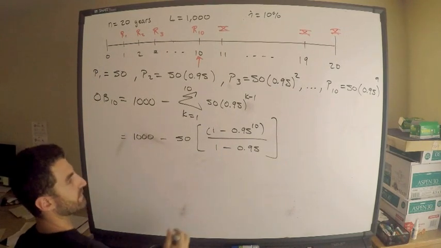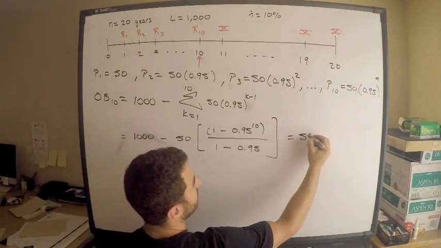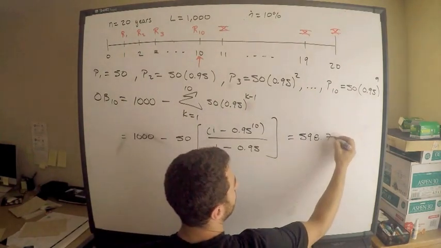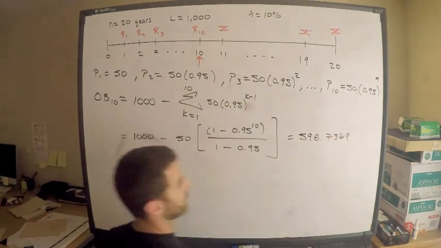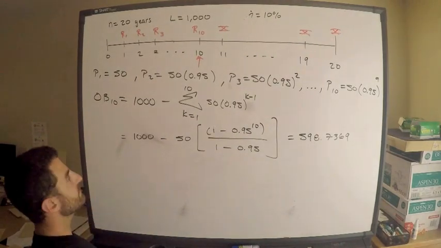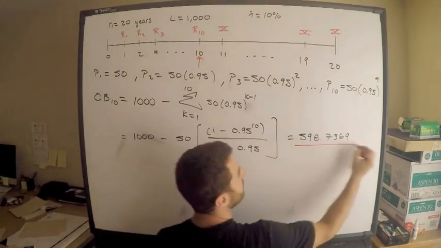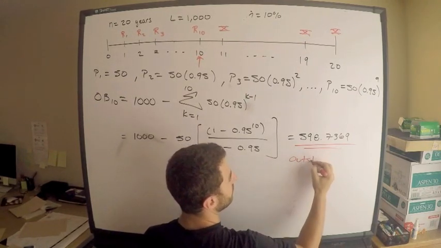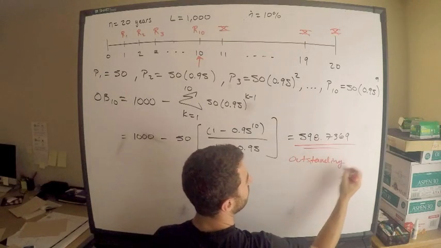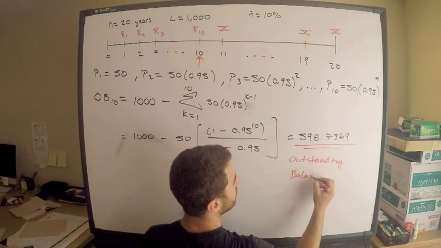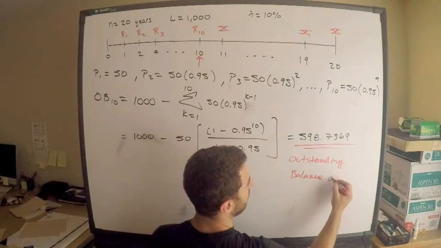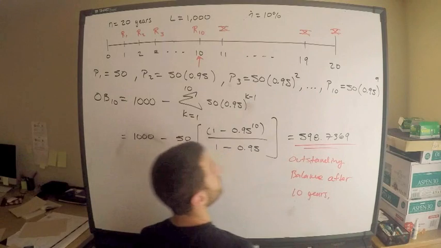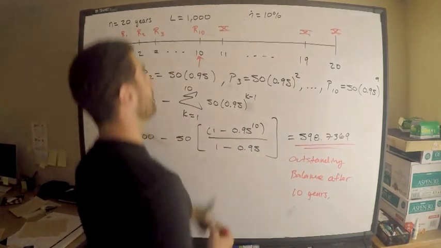You should get 598.7369. So let me just reiterate here, this is the outstanding balance after 10 years. In other words, it's the outstanding balance at t equals 10, right here.